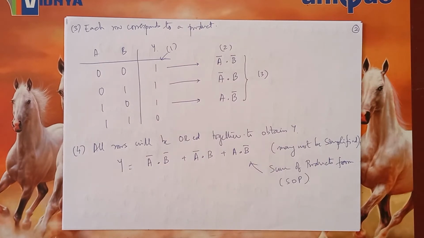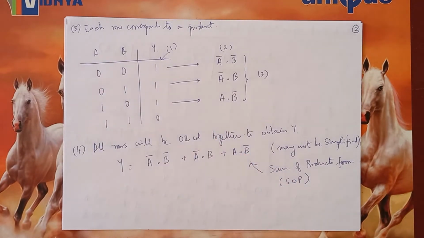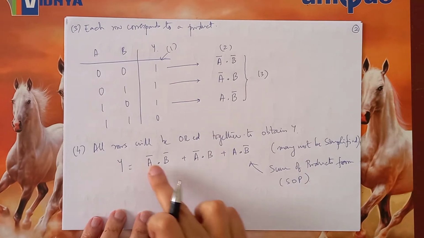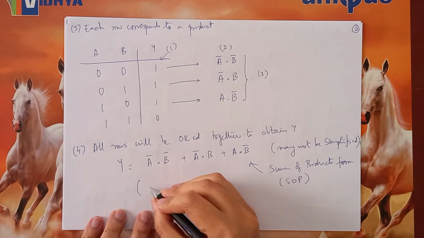One more thing to note is that each of the individual terms is a function of all the input variables. You will not find a single term here which is dependent on only A or only B. So this form, where each individual term is a function of all the input variables, is also called as a canonical form.